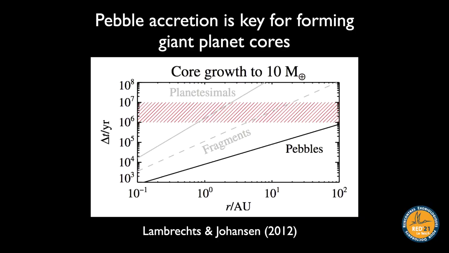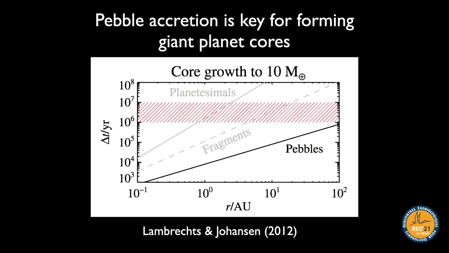But what you can see is this plot is showing how long it takes, with some simple assumptions, for a large core, something like the 10 or so Earth-mass core of Jupiter, to form at different distances from the sun. There are some assumptions that go in here, but the key point is that it takes a lot more time to form a core out of planetesimals than out of pebbles.